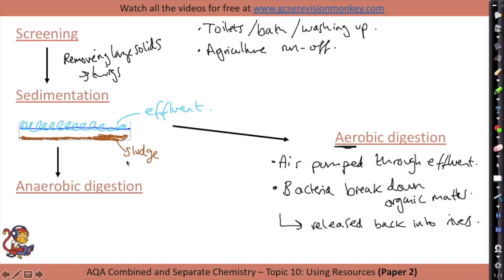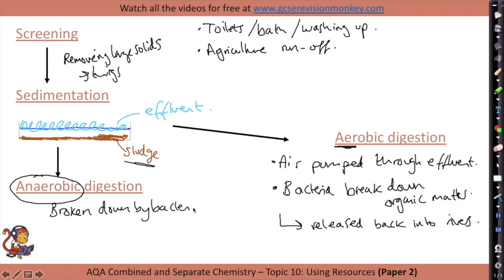The sludge, however, is treated slightly differently. Again, it's broken down by bacteria, but in anaerobic digestion. So it can go into really large tanks called anaerobic digesters. Some farms have their own to treat this, and this time it's in anaerobic conditions without oxygen. They're broken down by bacteria.